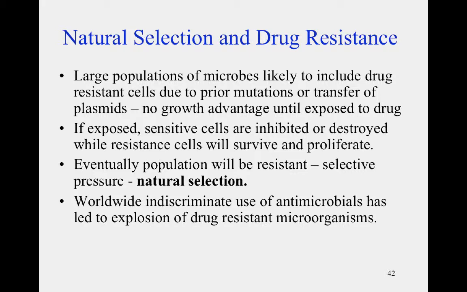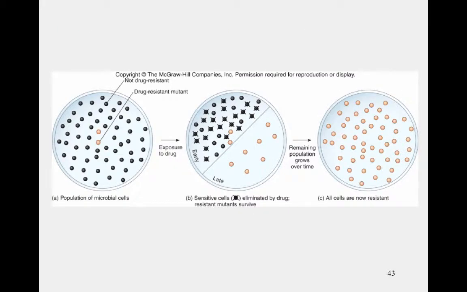It will replicate its DNA and be passed to future generations. And so eventually you'll go from one cell to a whole population of cells. And so typically what happens here is that there are certain activities that can encourage this process.